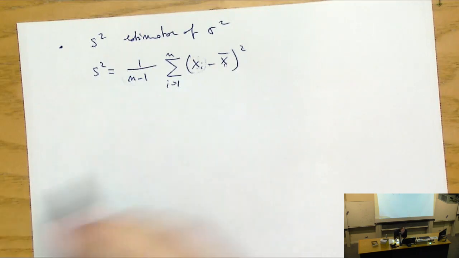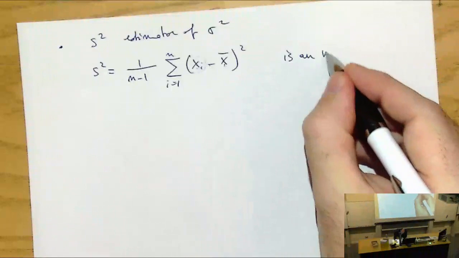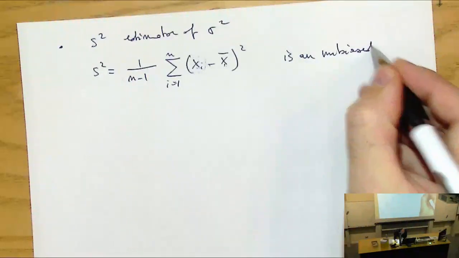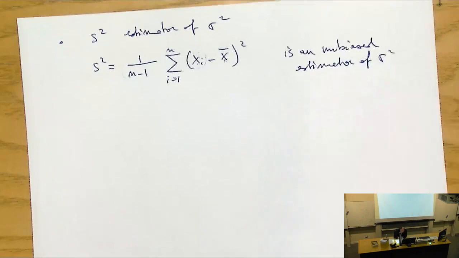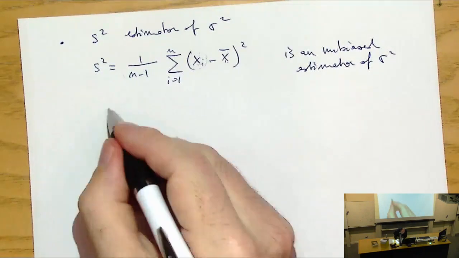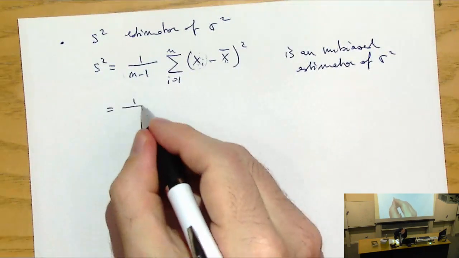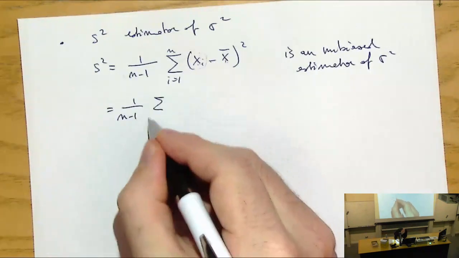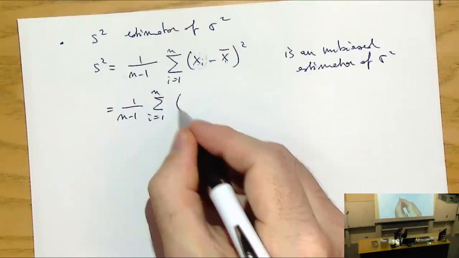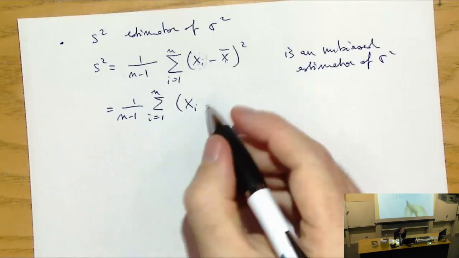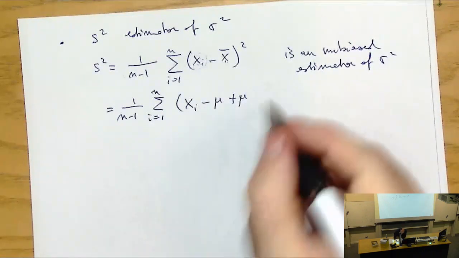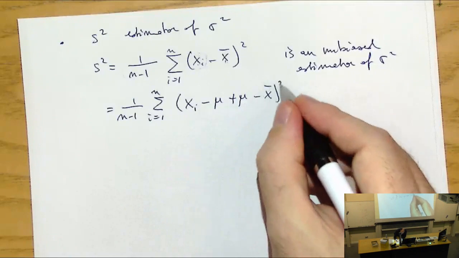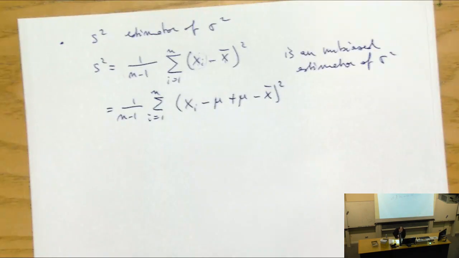So we can show that this is an unbiased estimator of the variance. How can we show this? I can say this is 1 over n minus 1, the sum over n, and now I'm subtracting and adding mu to this quantity, so I don't change anything.